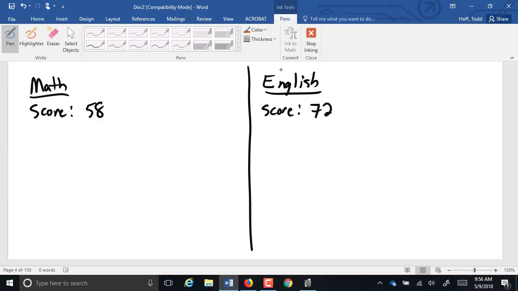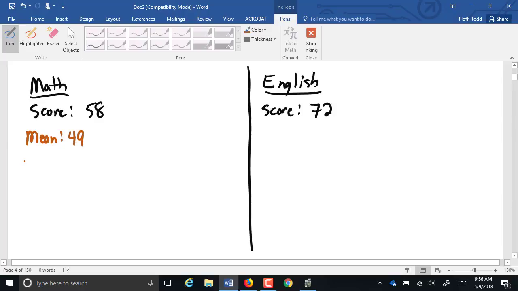Well, what we do is we look at all of the people that have taken each of those tests. And we find the mean for the math test. We see that the mean on the math test is a score of 49 with a standard deviation of 5.